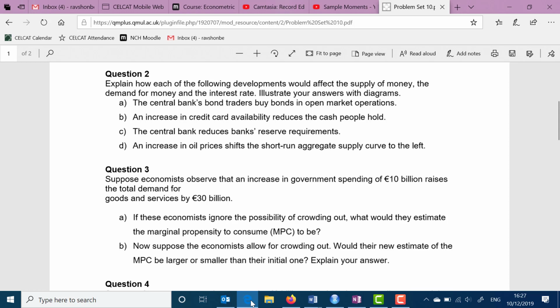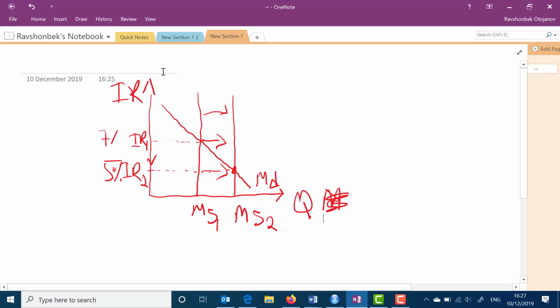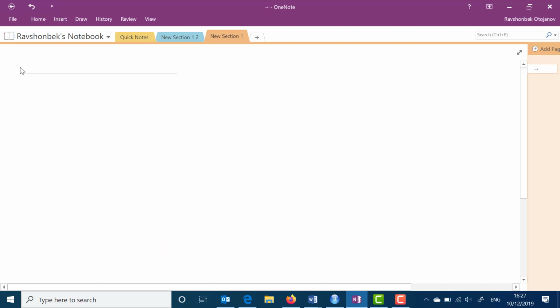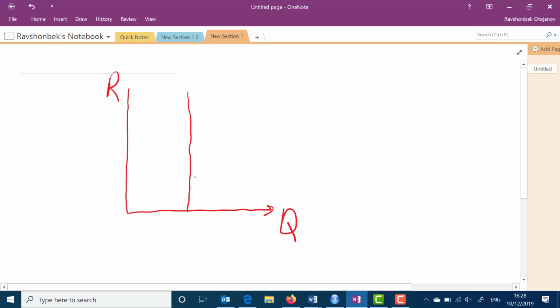So demand shifts downward. Let's describe that on a graph here, yeah? So, quantity of money, interest rate, this is our money supply at some quantity 1.